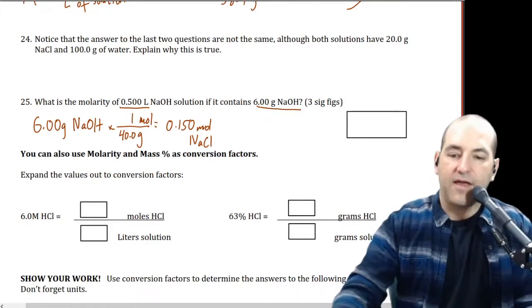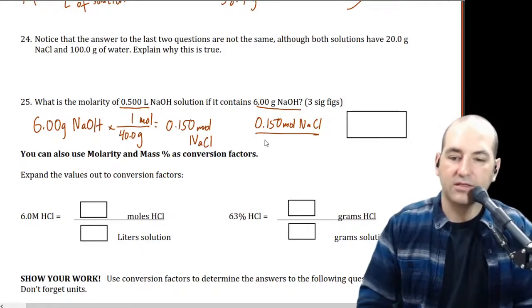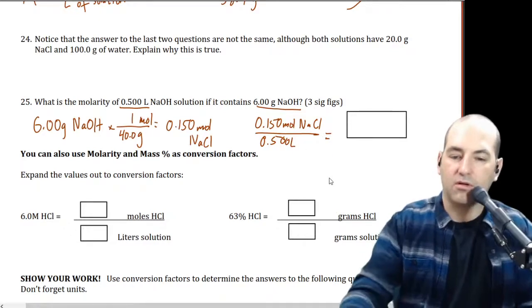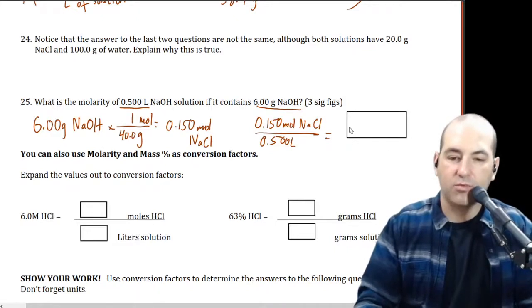And then to find the overall molarity, we're going to take the 0.150 moles of NaOH and divide it by the total volume of solution.